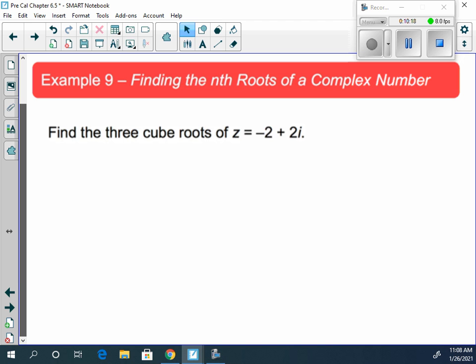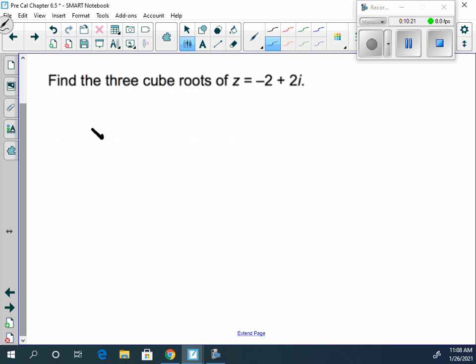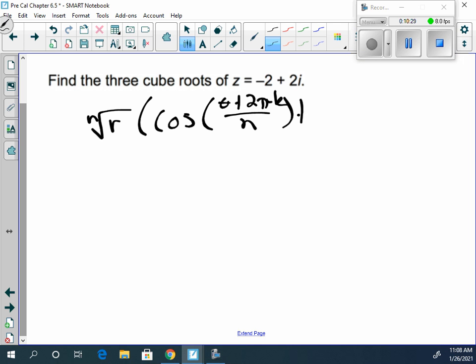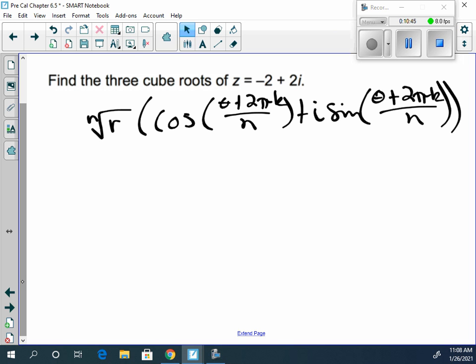Well, might as well write it down. Because we have the nth root of r times cosine of theta plus 2 pi k over n plus i sine of theta plus 2 pi k over n. Now, if you notice, there's a few things that we're missing. One of them is n. Well, not that we're missing it, we just haven't stated what it is.